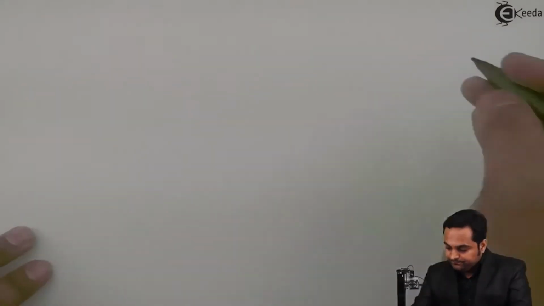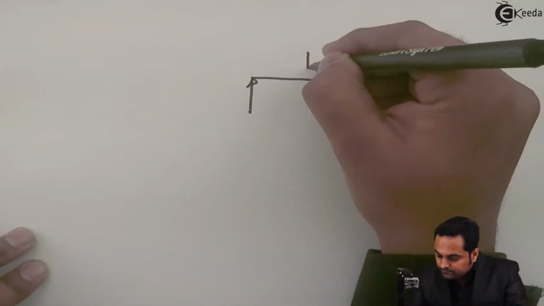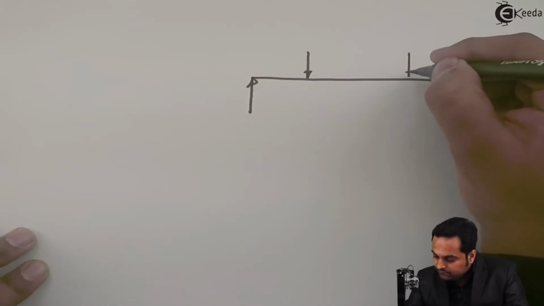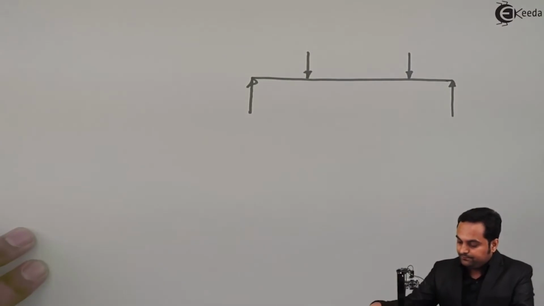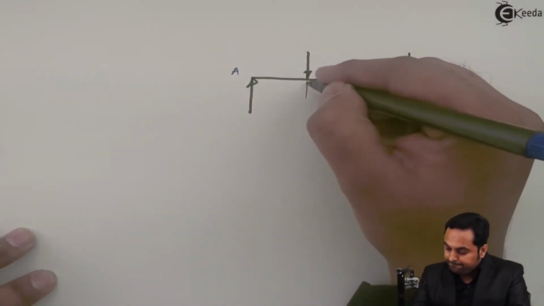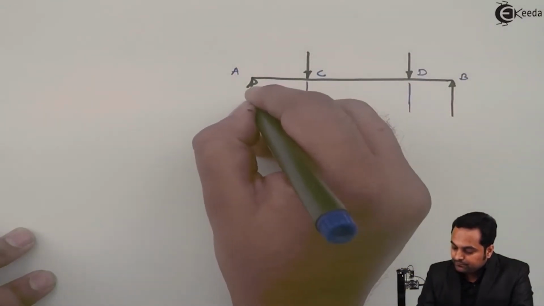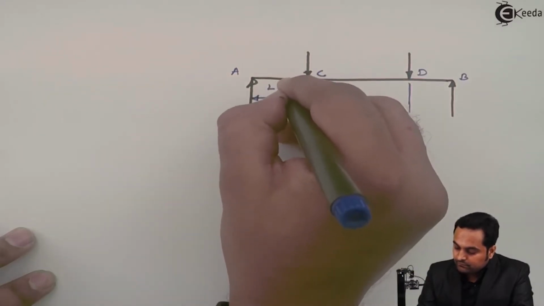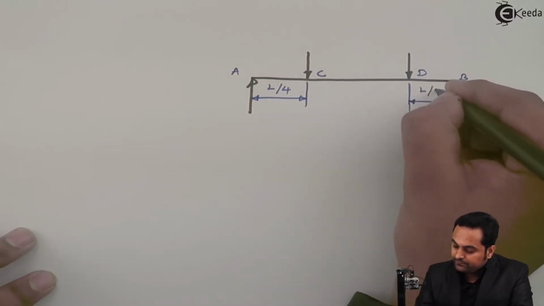Now the next thing would be, I'll draw the diagram again. Here we have A and B as the simple supports, then points C and D. Distances are also given: L by 4 from both the sides.